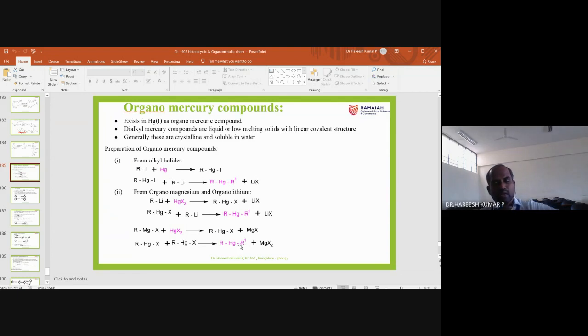So overall, what you can remember in the second method of preparation is that dialkyl mercury can be obtained by the reaction of organomagnesium compounds or organolithium compounds with mercuric halide. That is the message from this slide.